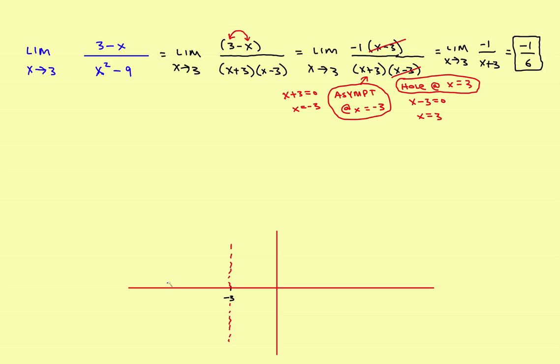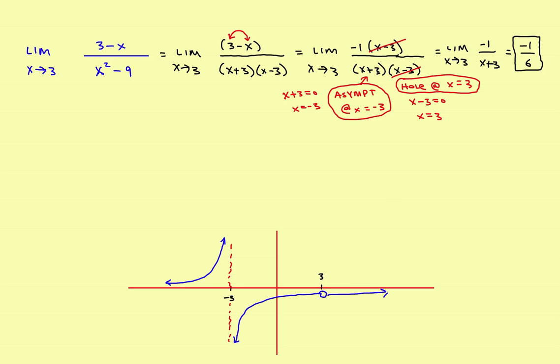It comes in something like this, and it would go up like that. Then it comes in from the bottom here, and it would go something kind of like this right here, until you get to 3. When you get to x equals 3 right here, you would have a hole in the graph right there. And then the graph goes on like that.